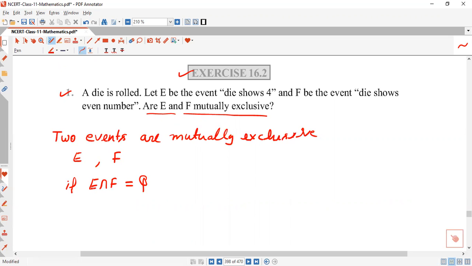If the intersection of these events is phi, then we say it is mutually exclusive, otherwise not. So this is the concept of this question.